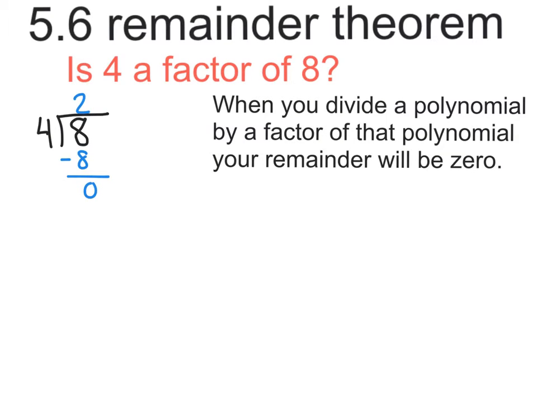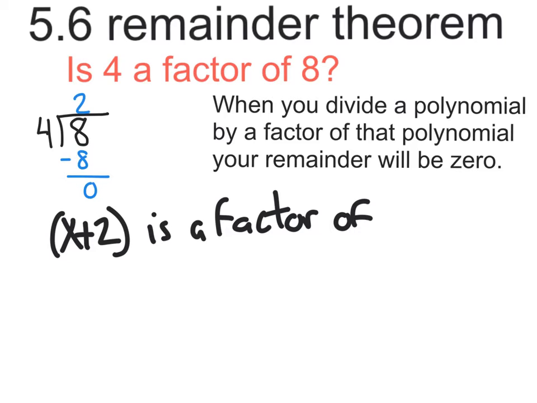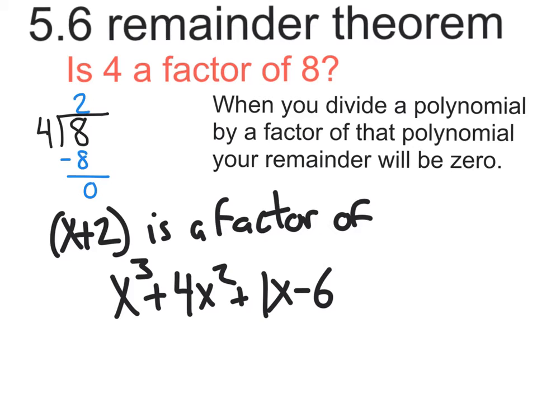So in order to really understand this theorem, I'm going to tell you that x plus 2, the binomial x plus 2, is a factor of this huge polynomial. Okay, so I'm telling you x plus 2 is a factor of this cubic polynomial x to the third plus 4x squared plus 1x minus 6. Now what does that mean?